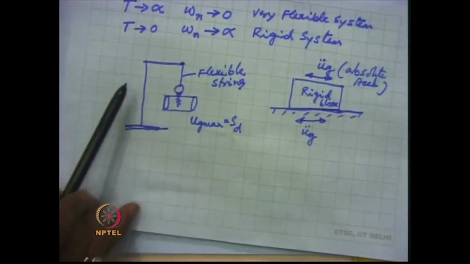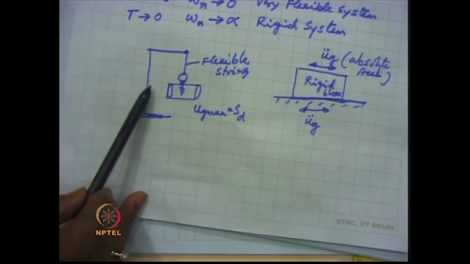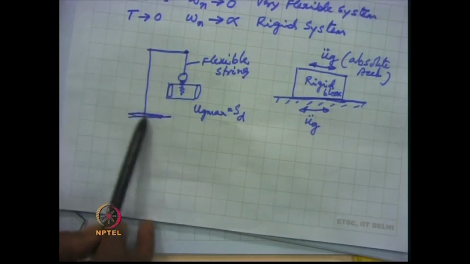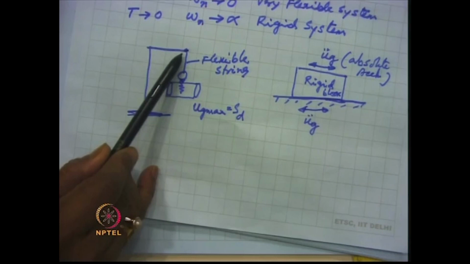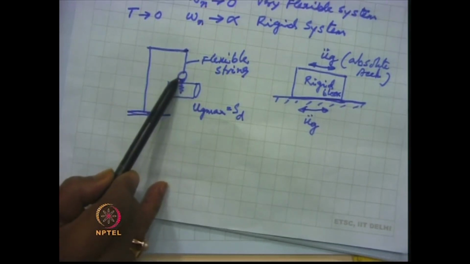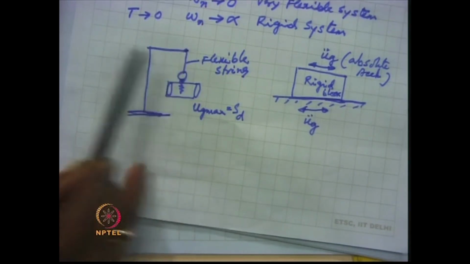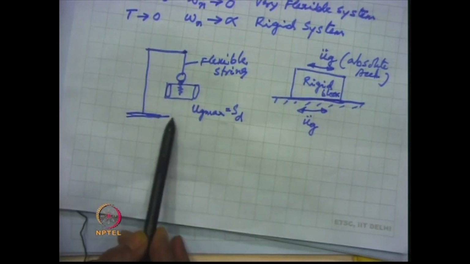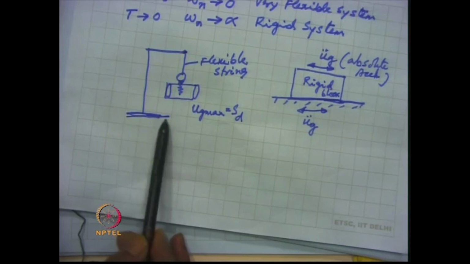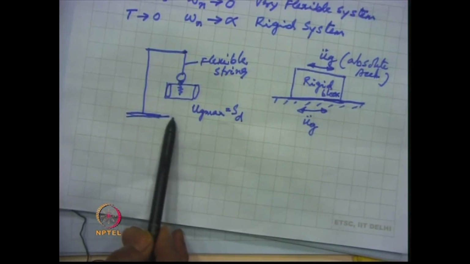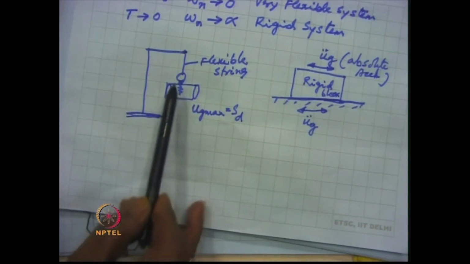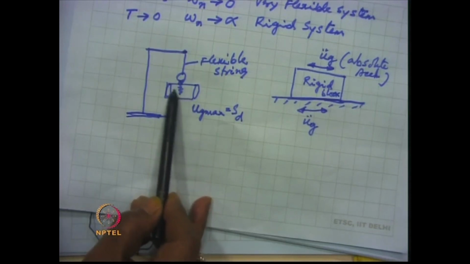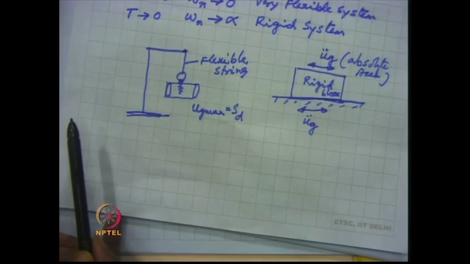One such system was shown for the earthquake measurement equipment, where there was a bracket and from that bracket a bob mass hangs with the help of a flexible string, and there was a drum. As the ground motion takes place in this direction, the bob goes on tracing the ground motion on this chart paper.